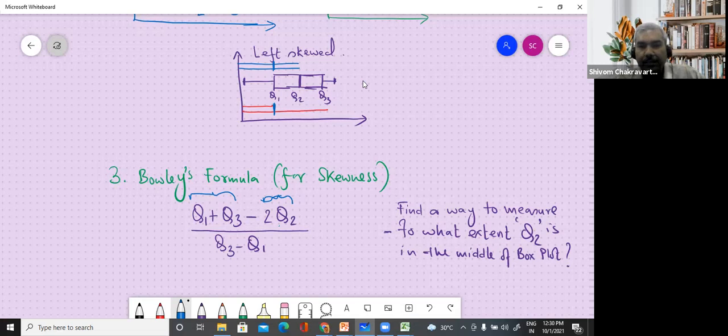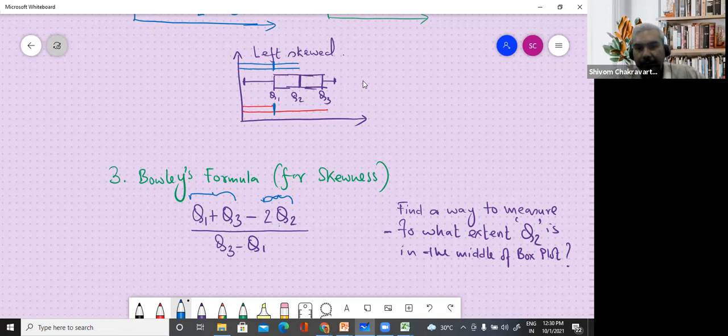If Q2 is exactly in the middle, the distance from Q1 to Q3 will be twice the distance from Q1 to Q2.